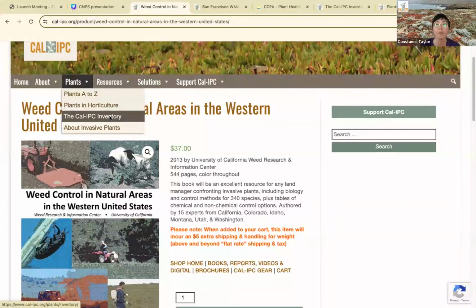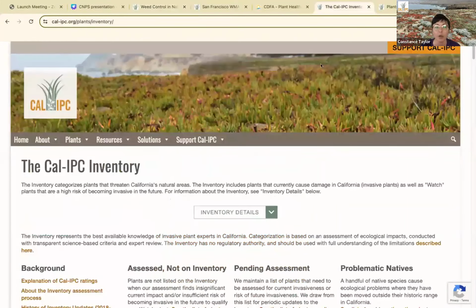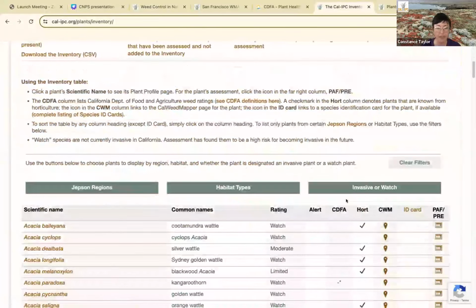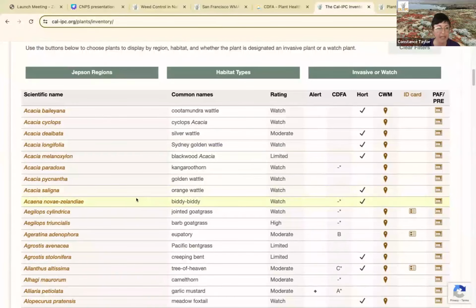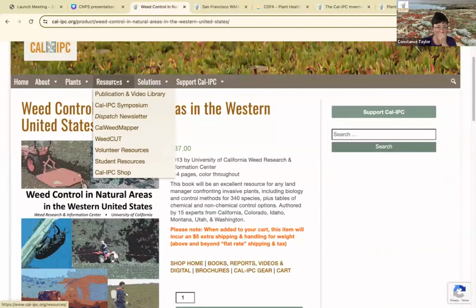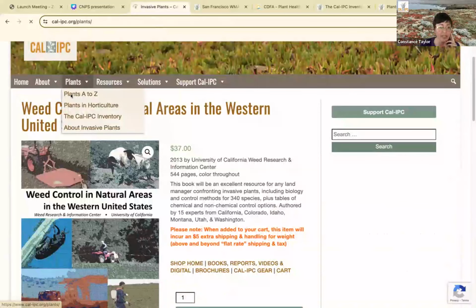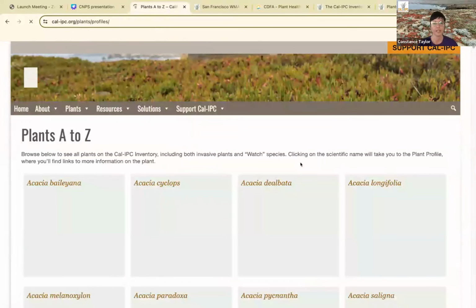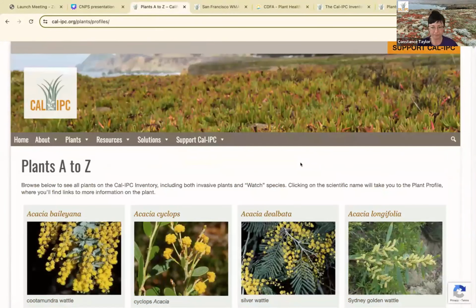So I've actually pre-pulled up the inventory because it takes a minute to load. So I'll show you this. This is what it looks like here, and you can look up whatever plant it is you are trying to get to. If you are in a hurry and you don't have time to wait for something to load, you can go to plants A to Z, and it loads pretty quickly.